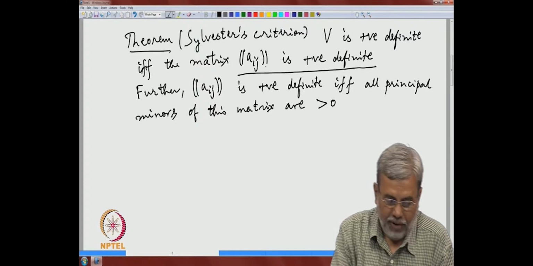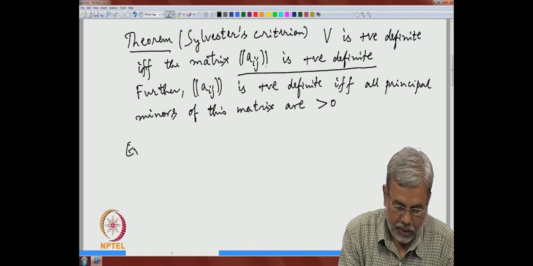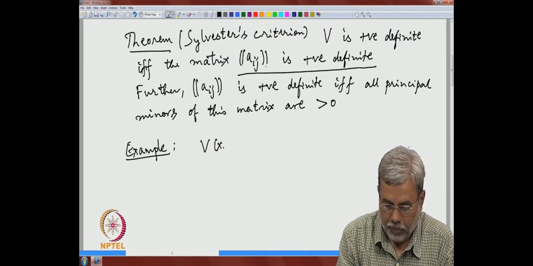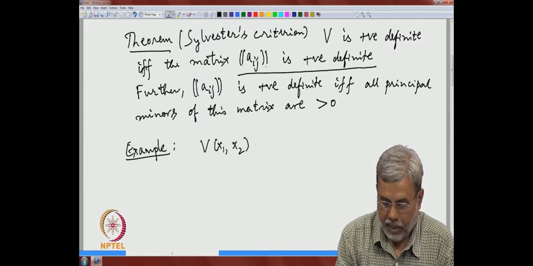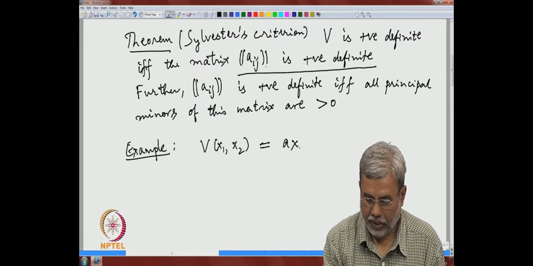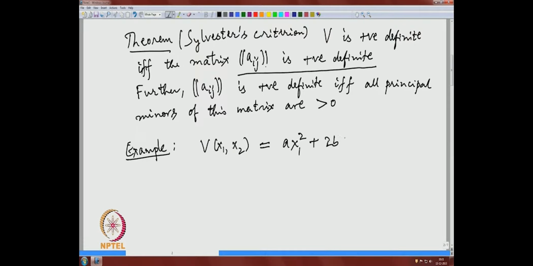So, let me just give an example here. What does this mean in two variables? I am just taking n equal to 2. Let me write V equal to A x1 squared plus 2 B x1 x2 plus C x2 squared, this 2 is only for convenience.